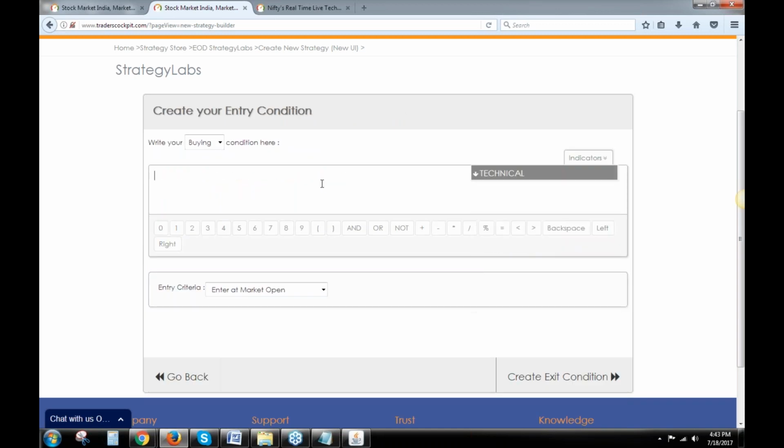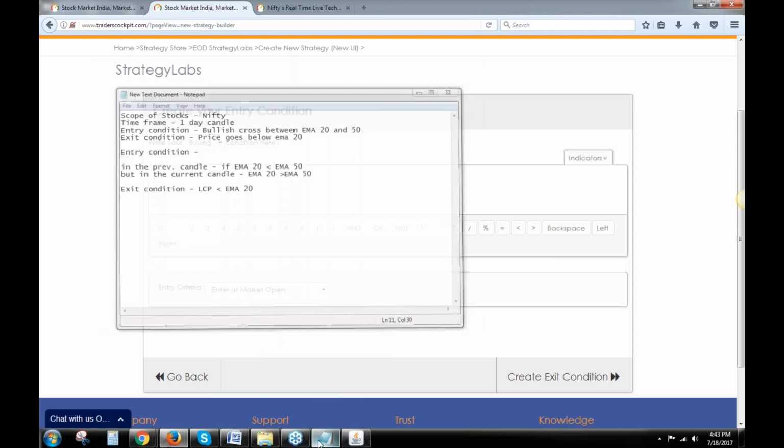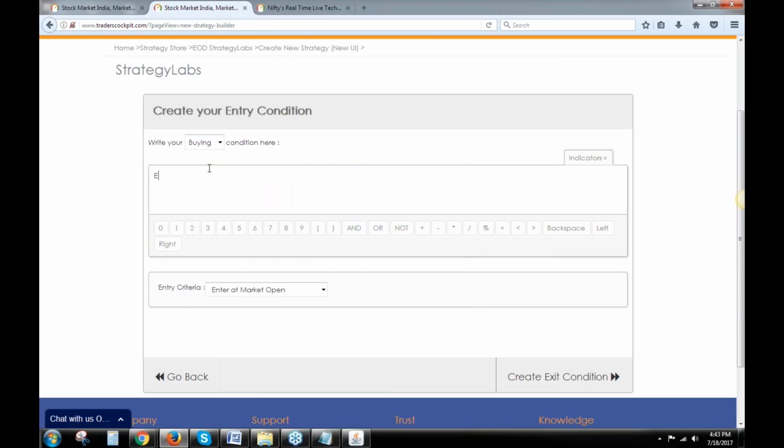And in here, this is a single box wherein you can define your entry conditions. Now for the entry condition, as I said, previous candle EMA 20 should be less than EMA 50. So I take it as EMA. For putting in any indicator name here, you don't need to type the full indicator name.